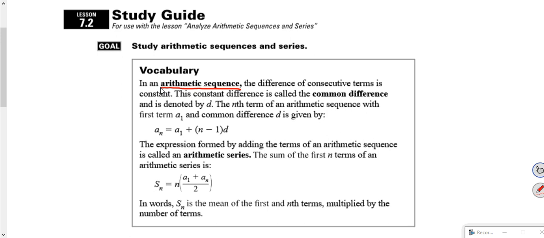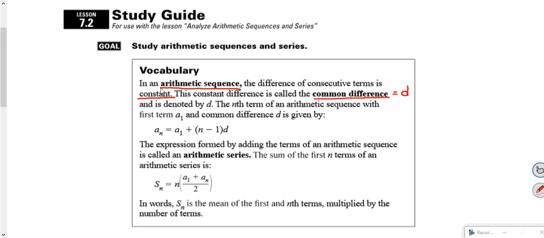So there's all different kinds of sequences. There's geometric sequences, we'll get to those, and there's arithmetic sequences. In an arithmetic sequence, the difference of consecutive terms is constant. That's the important part. The difference of consecutive terms is constant. So the common difference is denoted by the letter d.